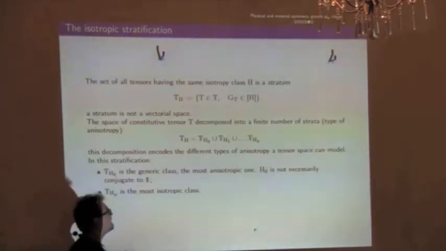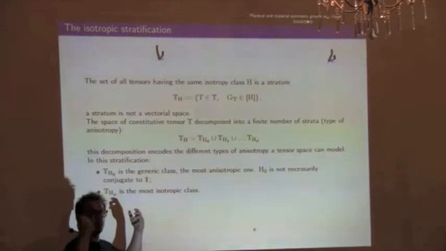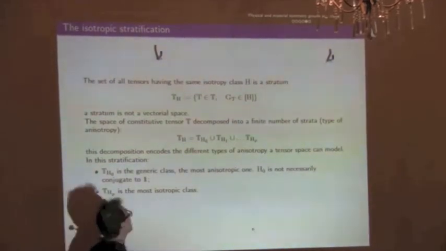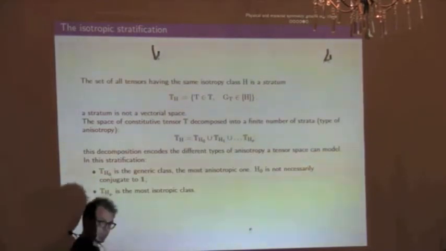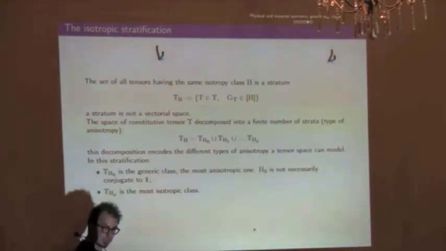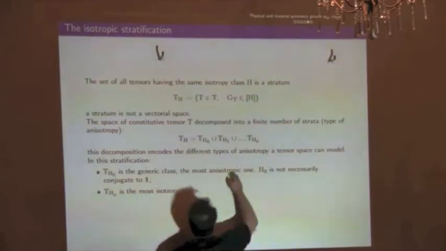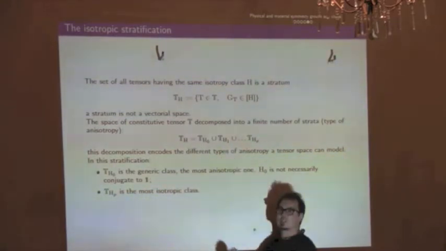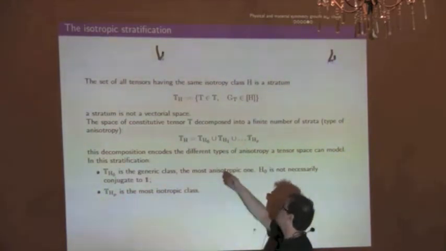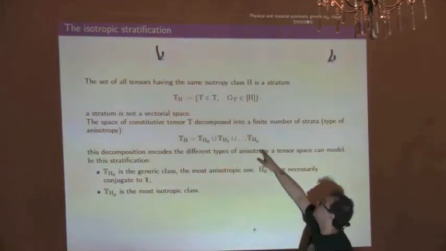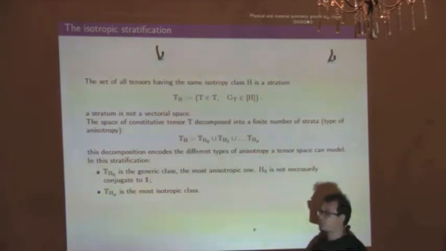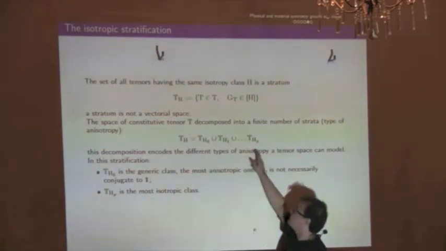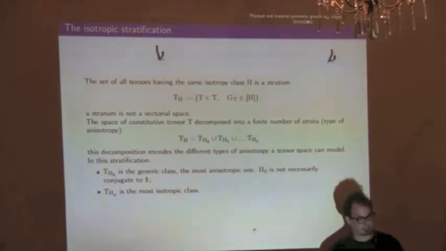The space of my behavior will be decomposed in all the tensors having H0 as class, plus all the tensors having H1 as class, etc., until all the tensors having HP as class. Here I put them in increasing order of symmetry.